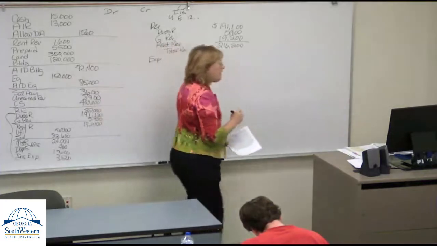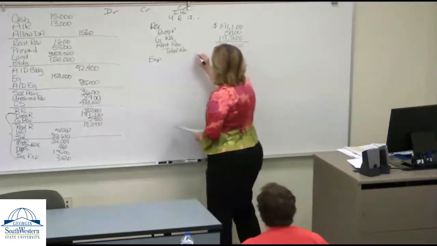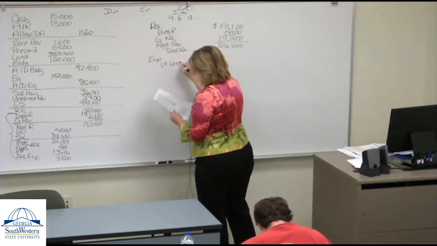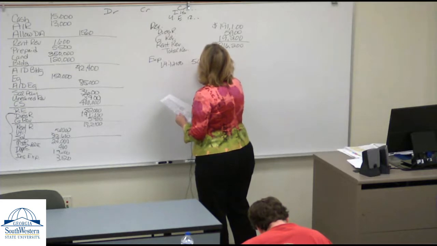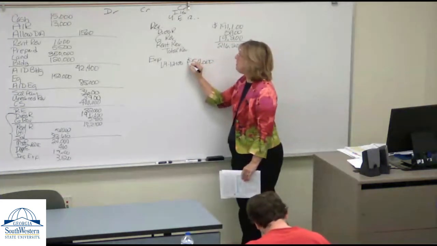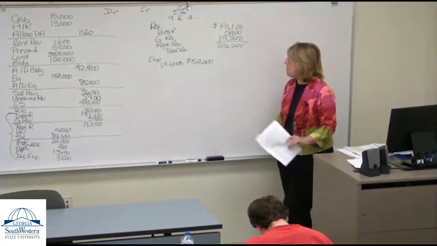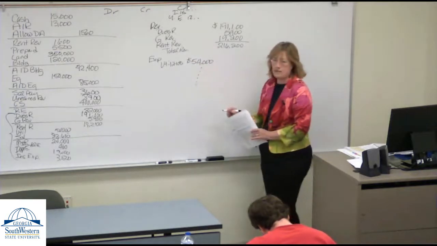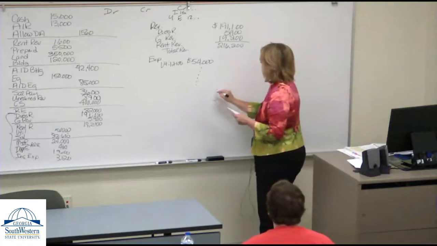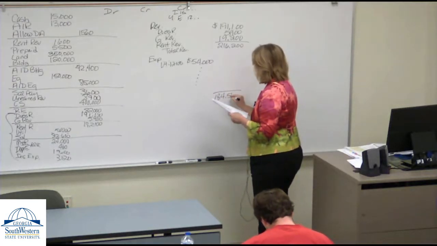Now we're going to list our expenses out, starting with utilities expense, and that's 54,000 in the middle column. This would definitely be in the middle column. Since it's the first thing in the middle column, you put a dollar sign on it. Then you list out all your other expenses and get total expenses of 184,560.